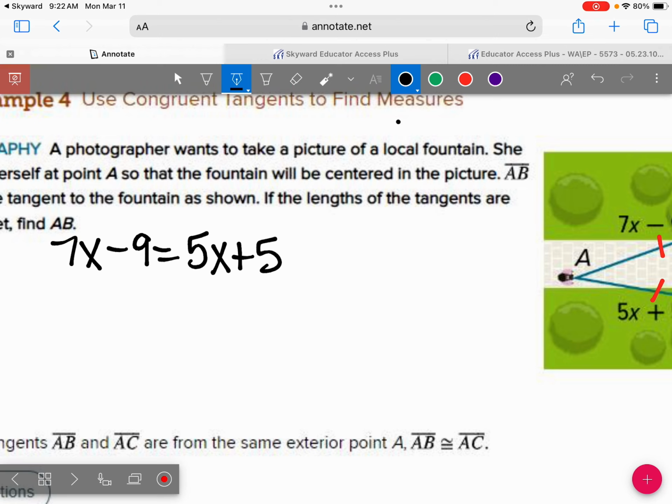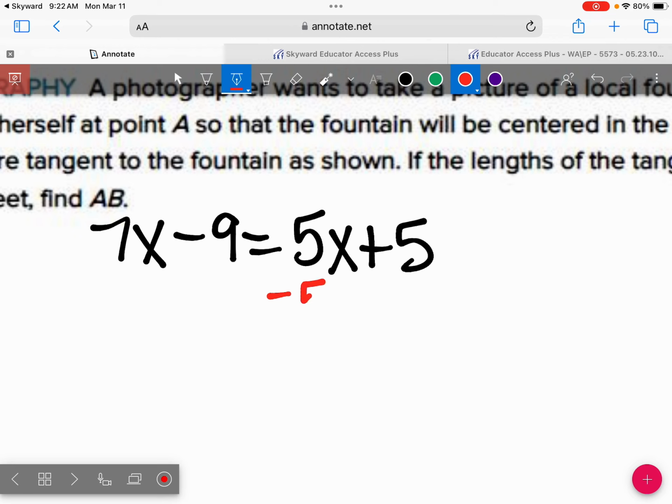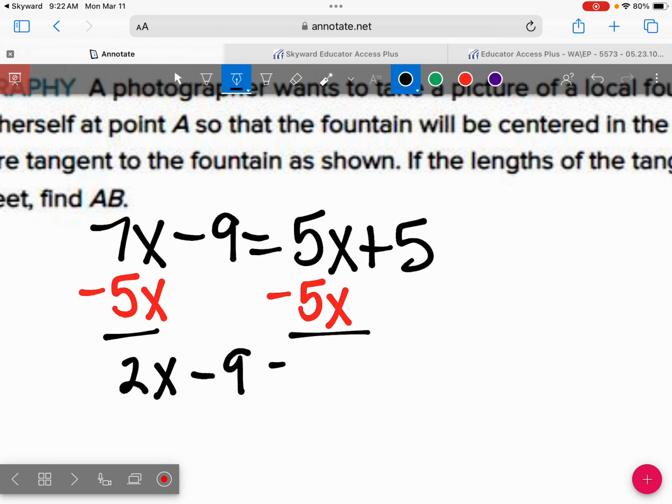Okay, what are some answers you all got for x? 7. Anybody else get 7? All right, let's work through it. I would probably start by subtracting the 5x. And then I would add the 9.